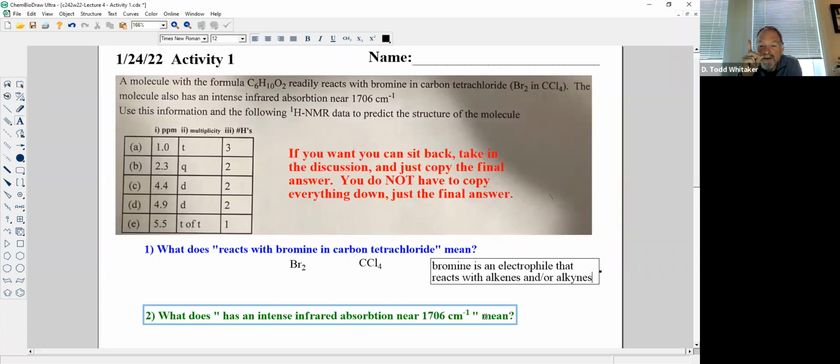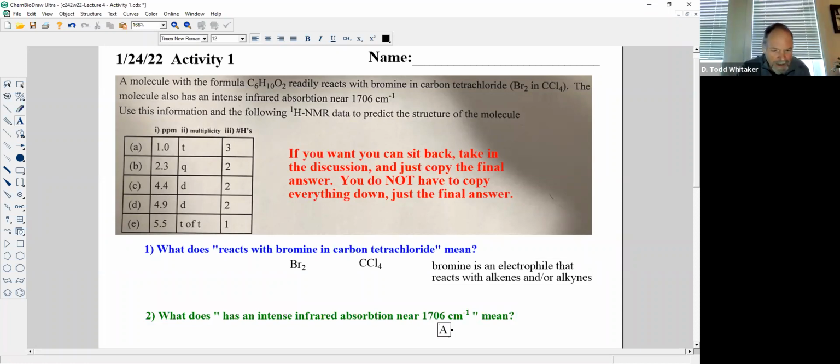But there's one fact I want you to know. This is the only fact I'm ever going to tell you. If you see infrared data, this just means a carbonyl is present. That's a very useful piece of information. Okay, carbonyls absorb that amount of energy in the infrared spectrum.